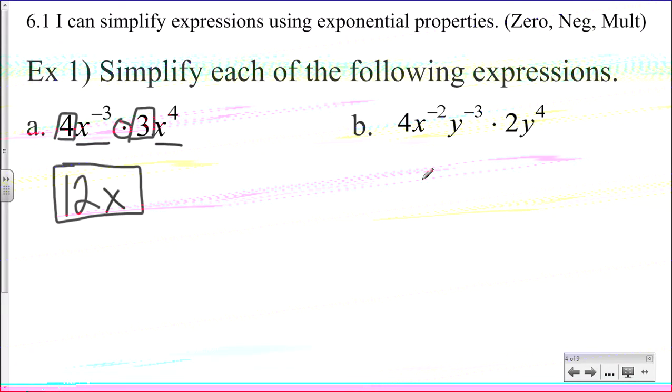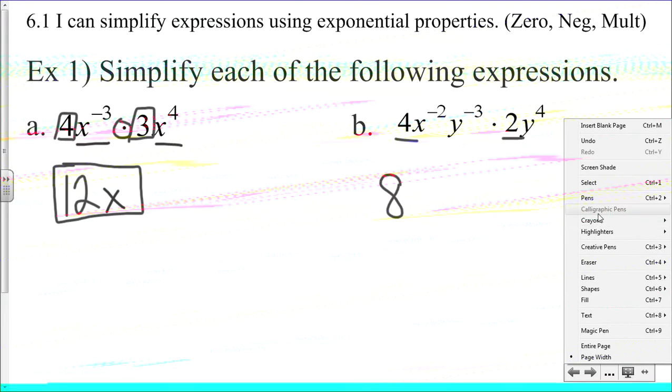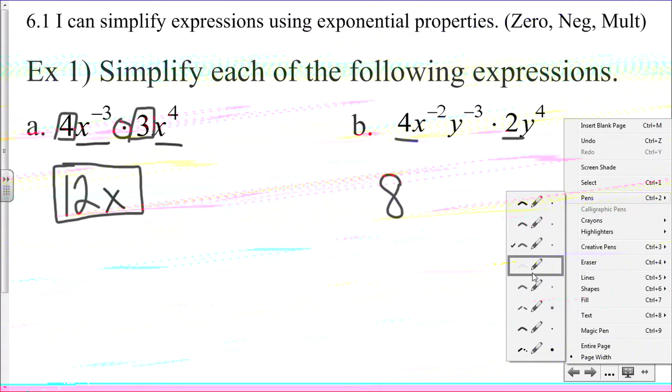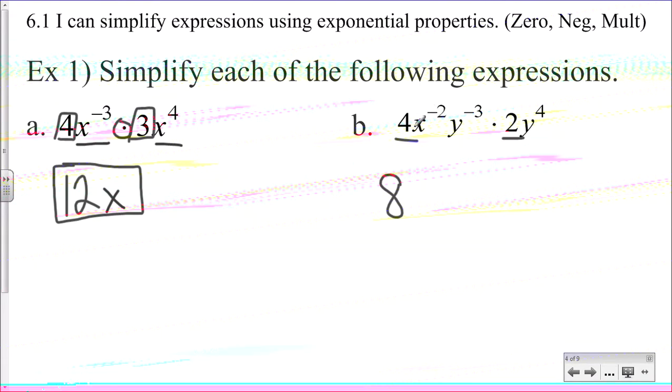Okay, we're going to follow the same process here. 4 and 2 are my coefficients. So 4 times 2 gives me 8. Then I'm going to combine my like variables together. So notice that I have an x there in this first one, but not in the second one. I can't combine those together, so I'm just going to bring that down.